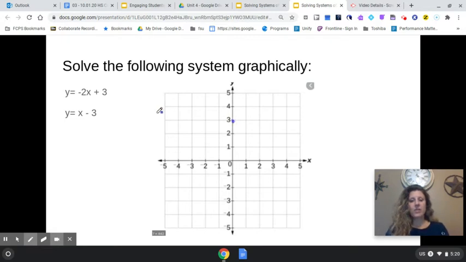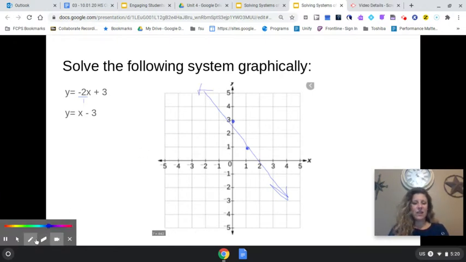And then we're going to use the slope. I'm going to make that into a fraction. So I'm going to rise negative 2, so really I'm going to go down 2, and to the right, positive 1, and mark a dot. So if I connect those 2 points, hopefully in a straight line, there's our first equation.